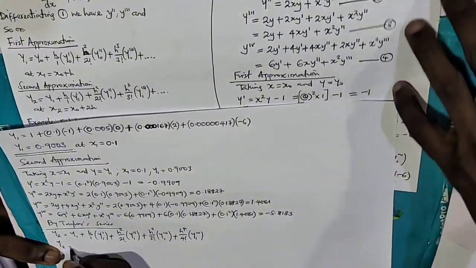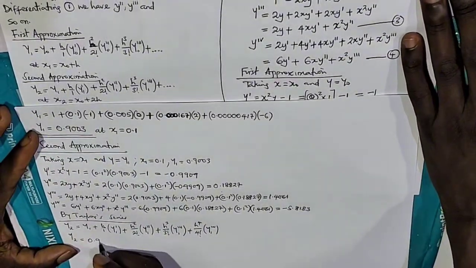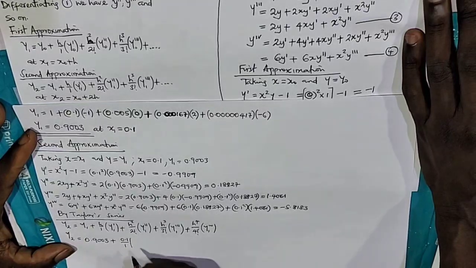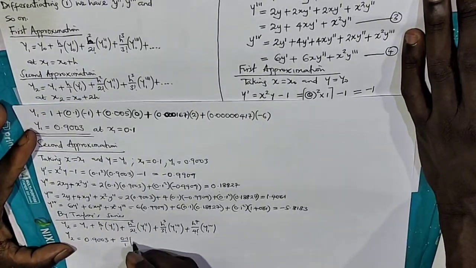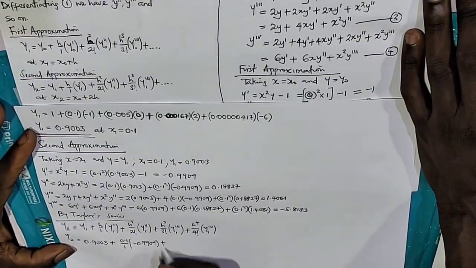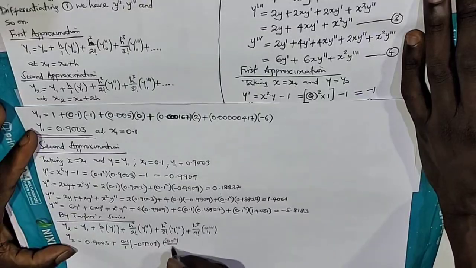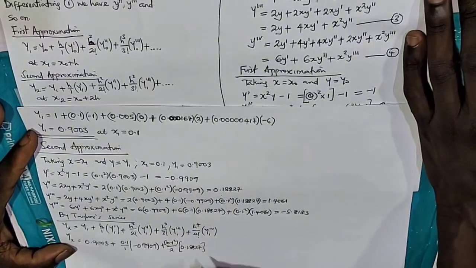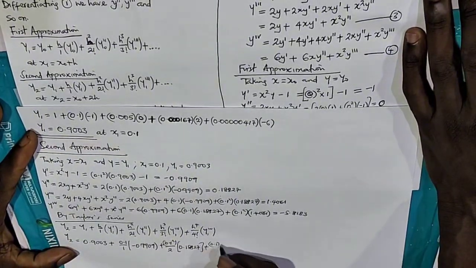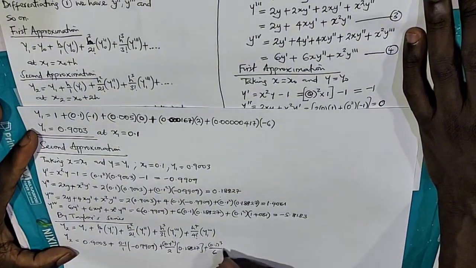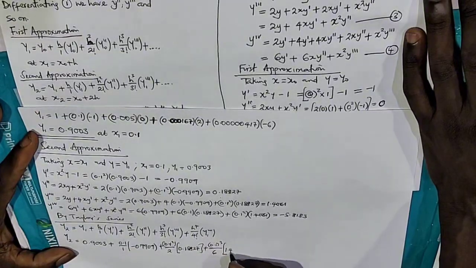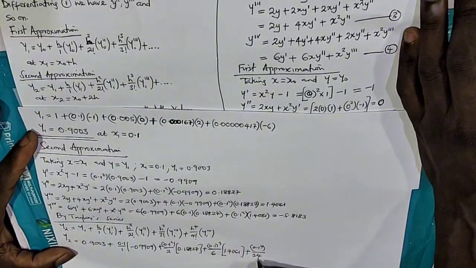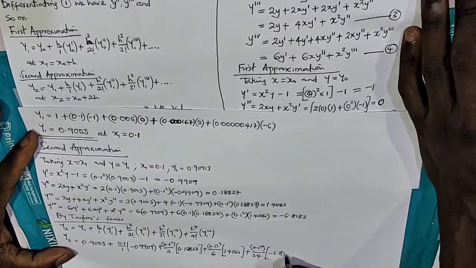Now we have our values. You can substitute in. Our y1 is 0.9003 plus our h, which still remains 0.1, over 1 into y prime, which is negative 0.9909, plus 0.1 squared over 2 into y prime prime, which is 0.18827, plus 0.1 to the power of 3 over 6 into y prime prime prime, which is 1.4061, plus 0.1 to the power of 4 over 24 into negative 5.8183.